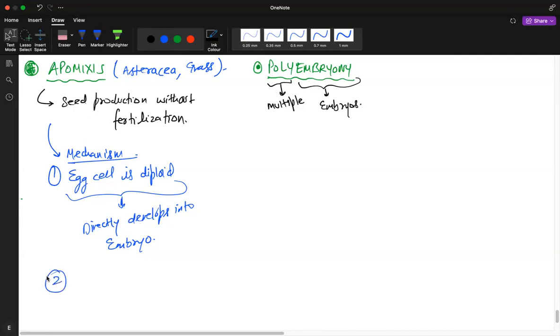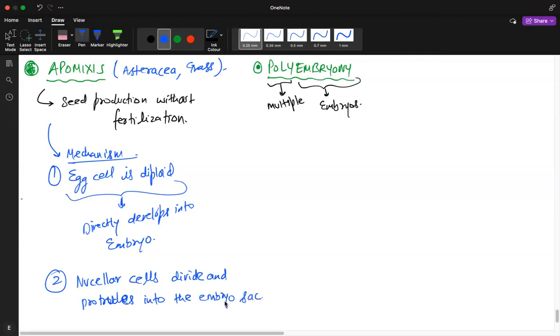Second way is that, remember the nucellus again, nucellar cells. So in the second mechanism, the nucellar cells or the cells of the nucellus, which are surrounding the embryo sac, divide and enter or protrude into the embryo sac like a tumor.